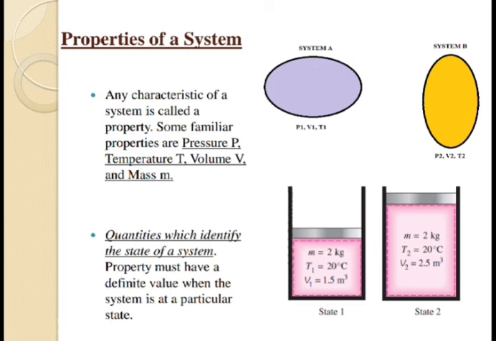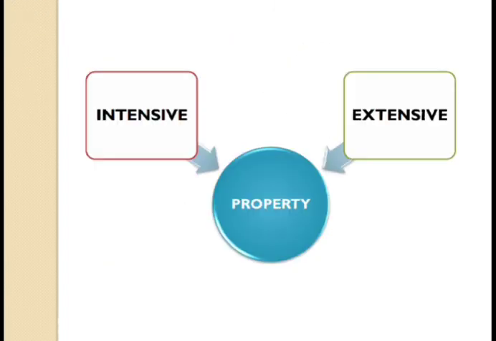In state 1, a system has mass 2 kg, temperature 20 degrees centigrade, and volume 1.5 cubic meters. In another state, it has mass 2 kg, temperature 20 degrees, and volume 2.5 cubic meters.